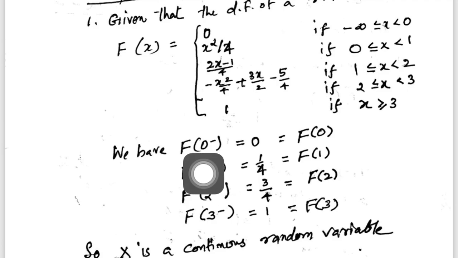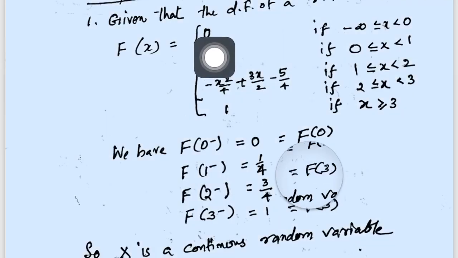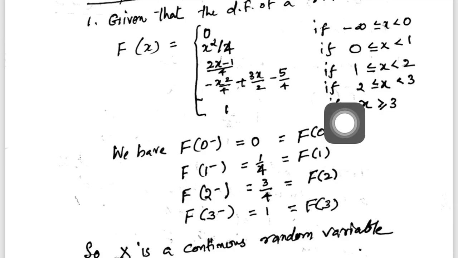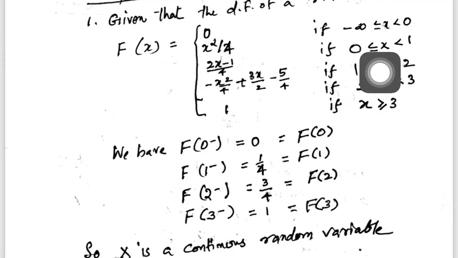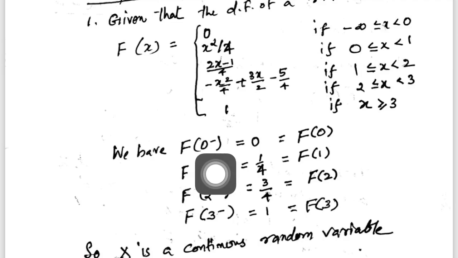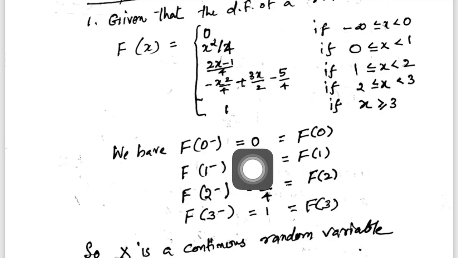So when you compute just below 0, you use the first formula, that is 0. When you take the exact value 0, you use the second formula, because this second formula is for all x including 0.